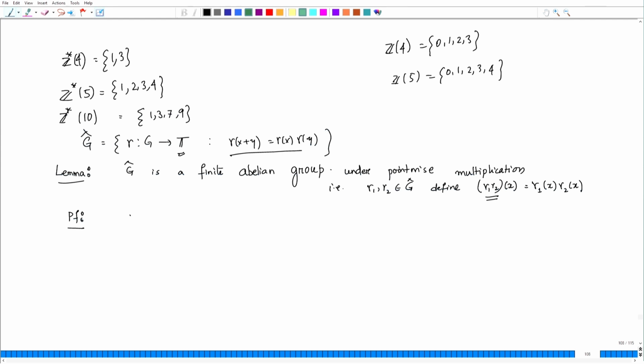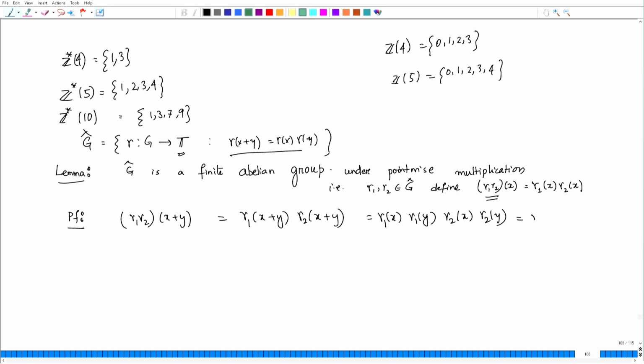So, gamma 1 gamma 2 of x plus y by definition is gamma 1 of x plus y times gamma 2 of x plus y, which is equal to gamma 1 x, gamma 1 y, gamma 2 x, gamma 2 y. In complex number multiplication I can change the order of the multiplication.